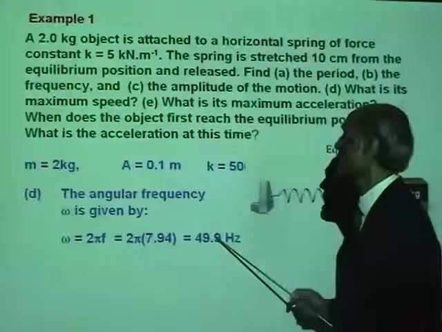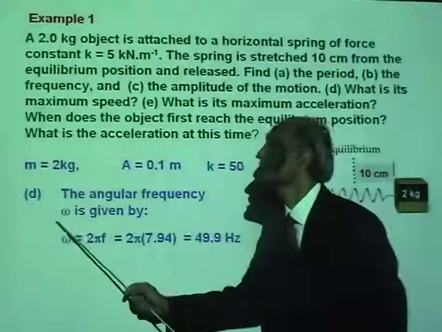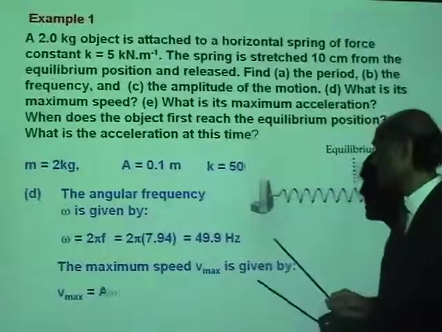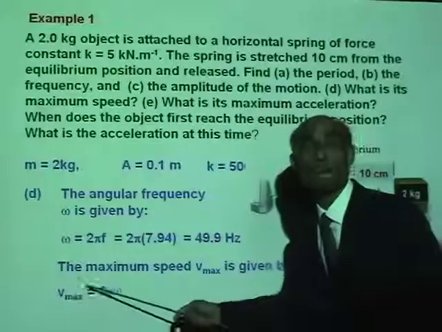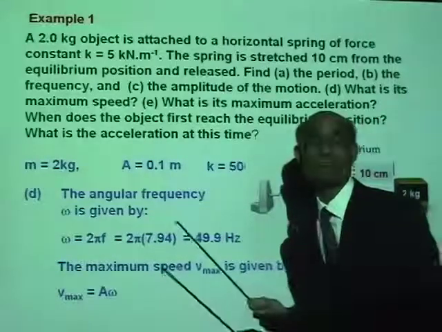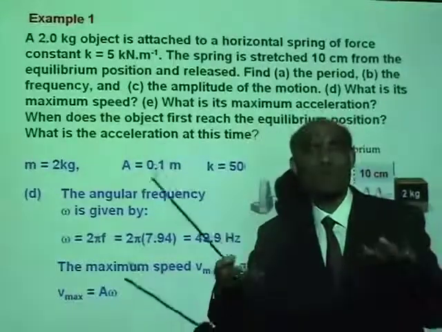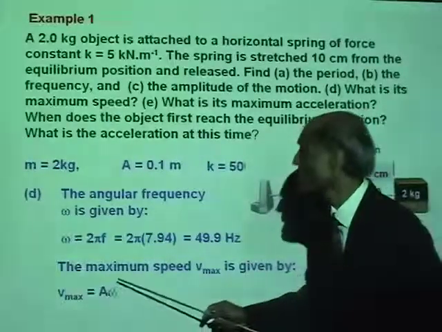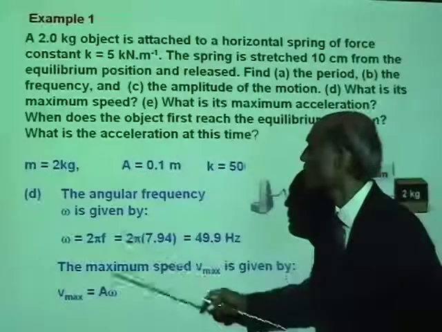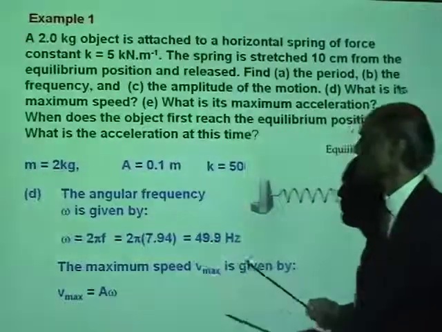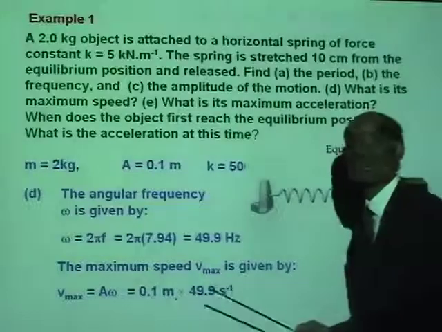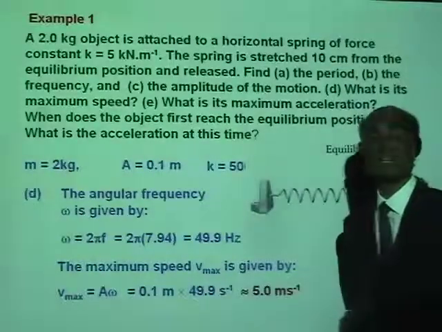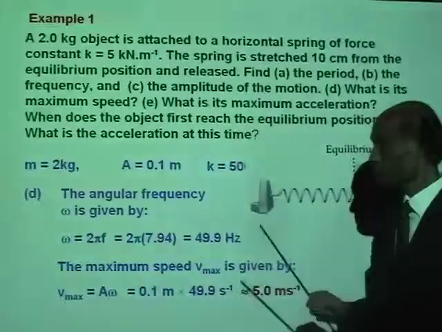That is 49.9 radians per second, which is omega. And what is the equation for maximum speed? v_max equal to Aω. Once you know the equation, problem solving becomes very easy. v_max is Aω. A is 0.1 meter. Omega is 49.9. And therefore, that is 5 meters per second. That is the maximum velocity.